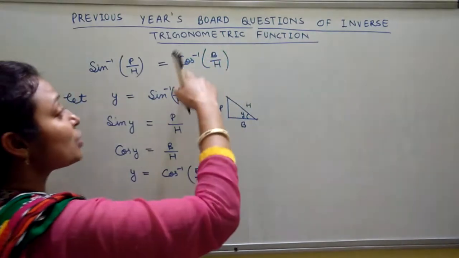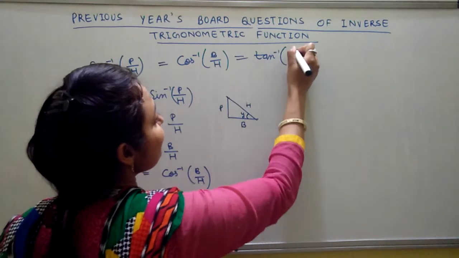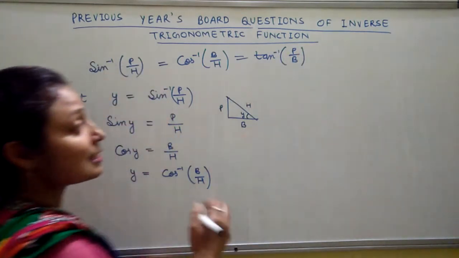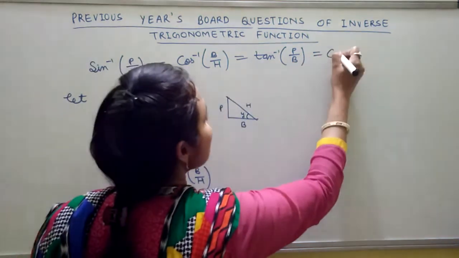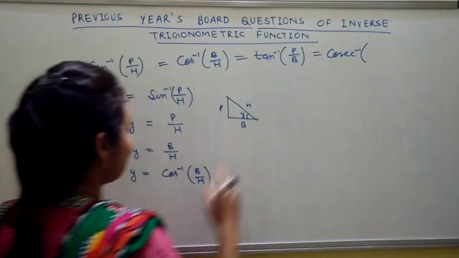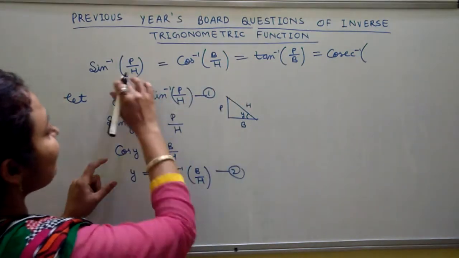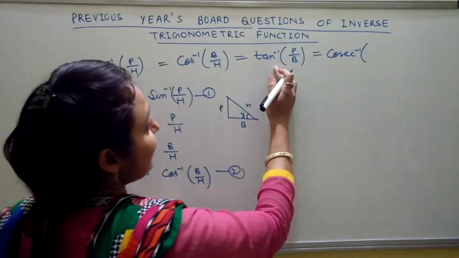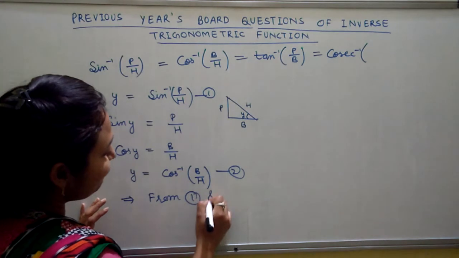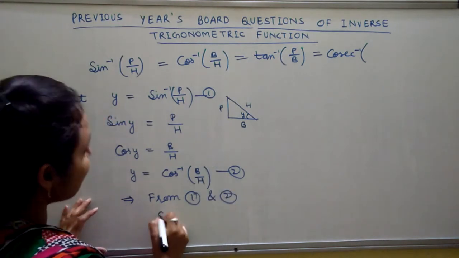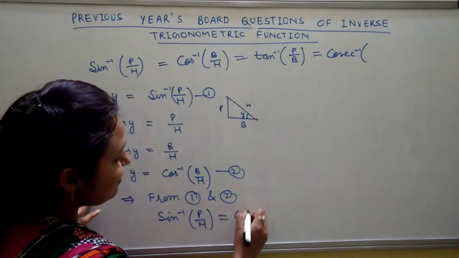If I want to change sine or cos into tan, I will write tan inverse p upon b, perpendicular upon base. Similarly, for cosec inverse, since this y and this y are both equal, we will equate these two. So from 1 and 2 we can say that sine inverse p upon h is equal to cos inverse b upon h.